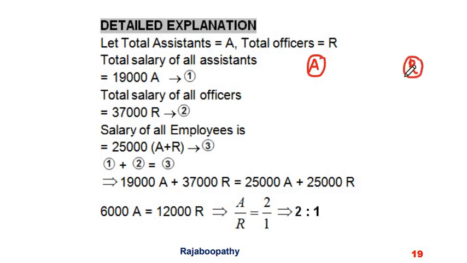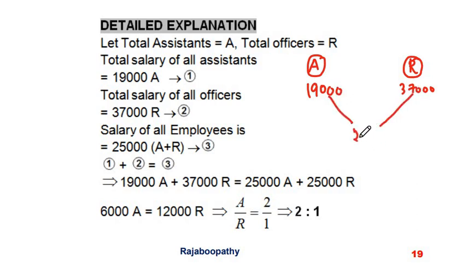I assume the officers as R. Assistants' average salary 19,000. Officers' average salary 37,000. Let's solve this question in under 5 seconds. The average always lies between these two.